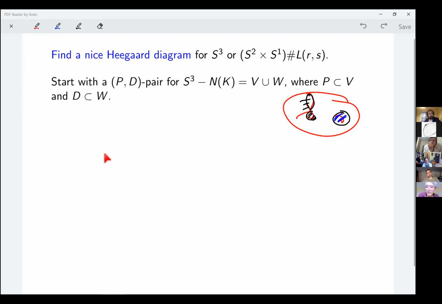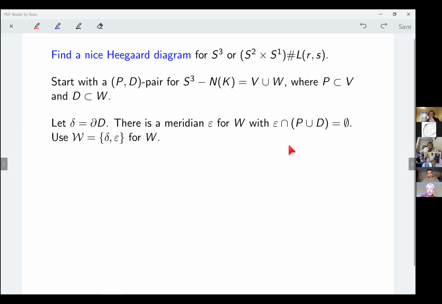So let's say this is D, you have another disk E. Okay, we can pick this disk D and this disk E to be a maximum set of disks. And let's say we use delta to describe the boundary of this disk and epsilon to describe the boundary of the other disk. So that's the standard pair for the handlebody part.